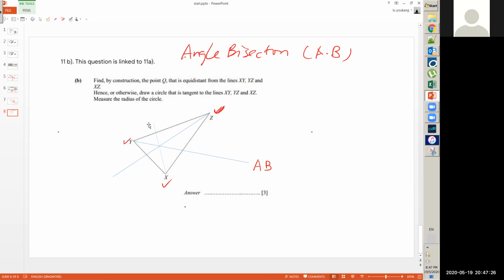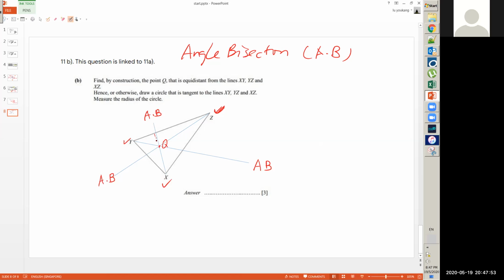Can you see an intersection point? So this intersection point of all these AB, you just label it like this, and this will be your point Q. So the intersection of all angle bisectors will be the point Q, and this point Q will be equidistant.